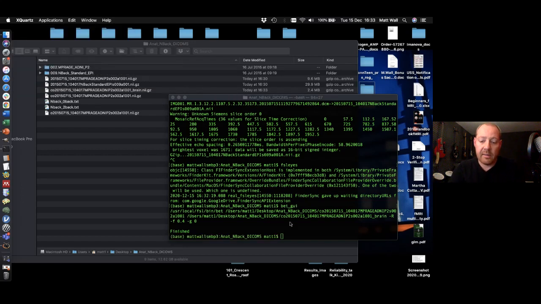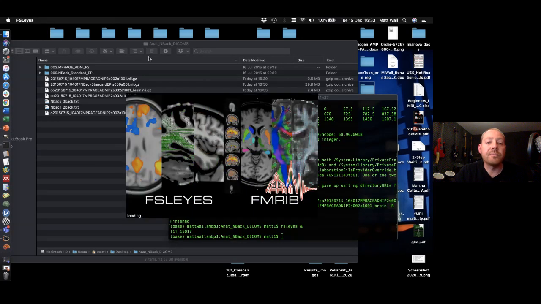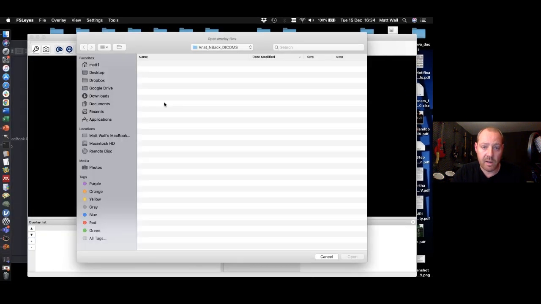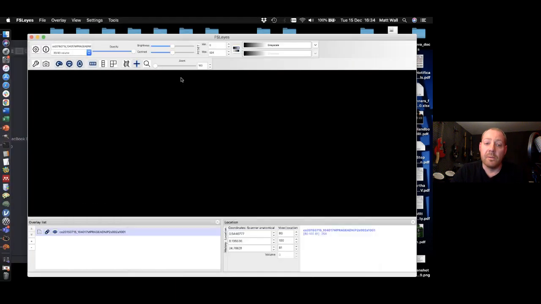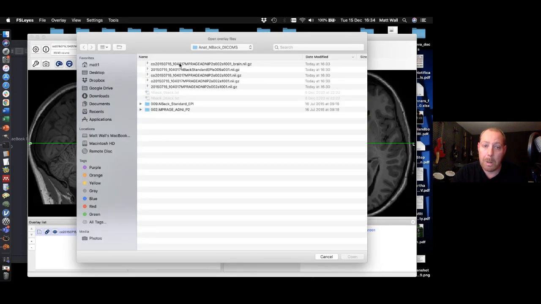So now if I look at that image, I'm going to load actually the unbrain extracted version first, and then the brain extracted version on top, because it has brain at the end there.